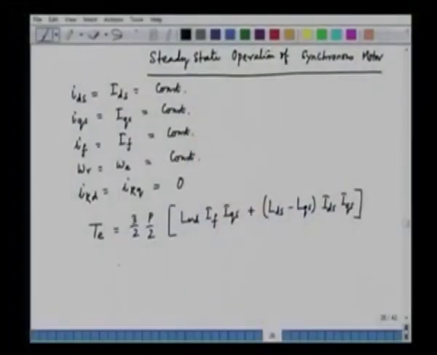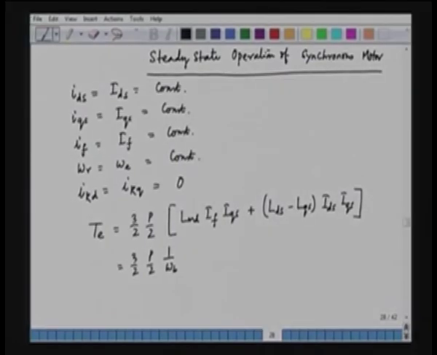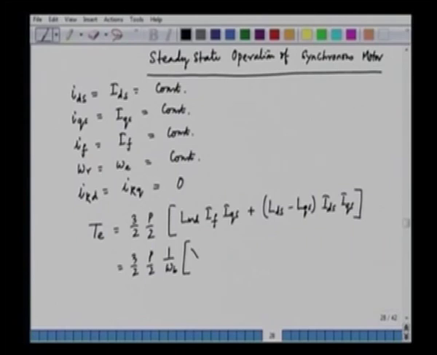So, we can also say that it is equal to 3 by 2 into P by 2 into 1 by omega b, where omega b is the base frequency in radian per second, into XMD IF into IQS plus (XDS minus XQS) into IDS and IQS.